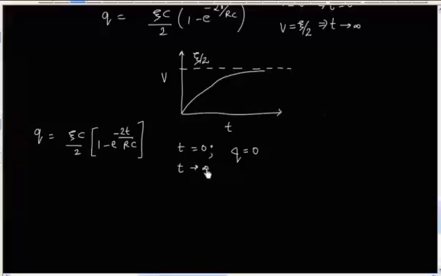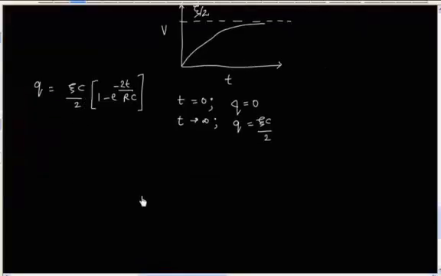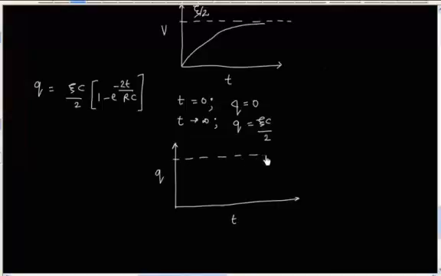When time tends to infinity, this value is 0, so the charge tends to xi C by 2. So we can plot the charge versus time graph. The maximum possible charge is xi C by 2, and this will be asymptotic. So the graph will be something like this.